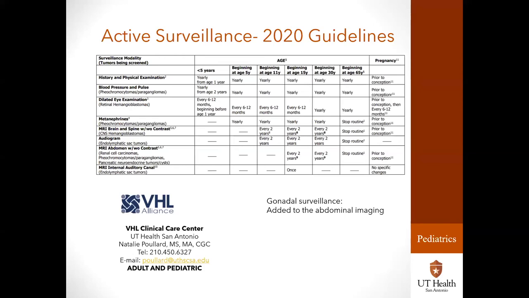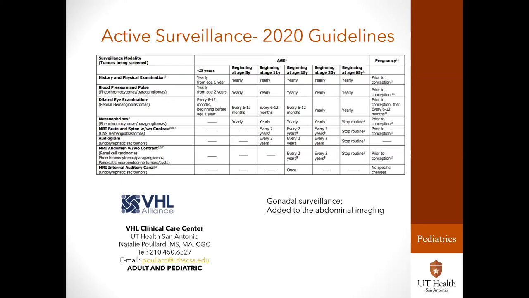So the VHL Alliance and a committee of investigators, clinical and basic investigators in the area, have defined guidelines for the surveillance which our patient is undergoing right now. So it varies on the type of screening that the patients undergo once they are established as carriers of the disease.